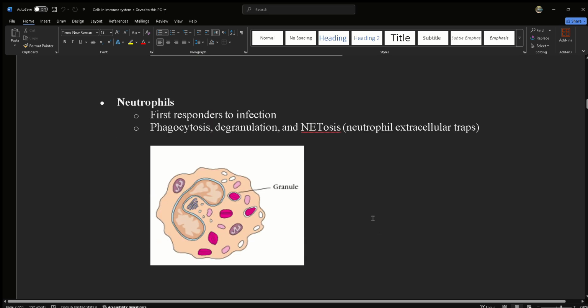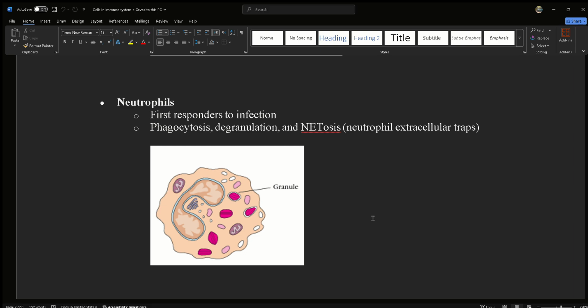Neutrophils: neutrophils are first responders to infection, and they do phagocytosis, degranulation, which means they release substances active against pathogens, and NETosis, neutrophil extracellular traps.